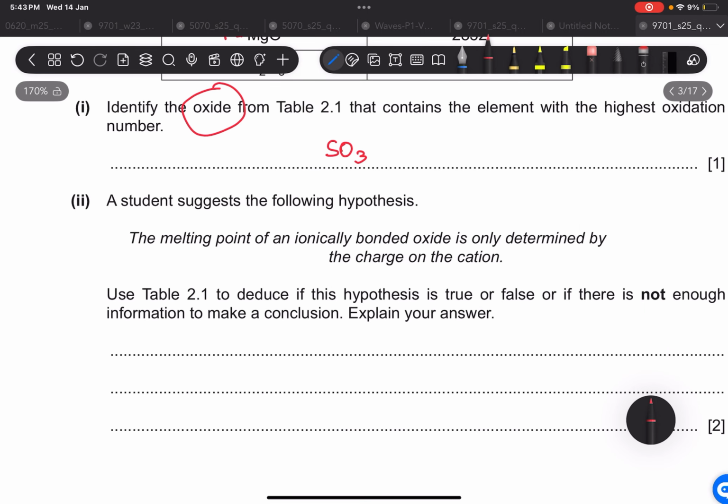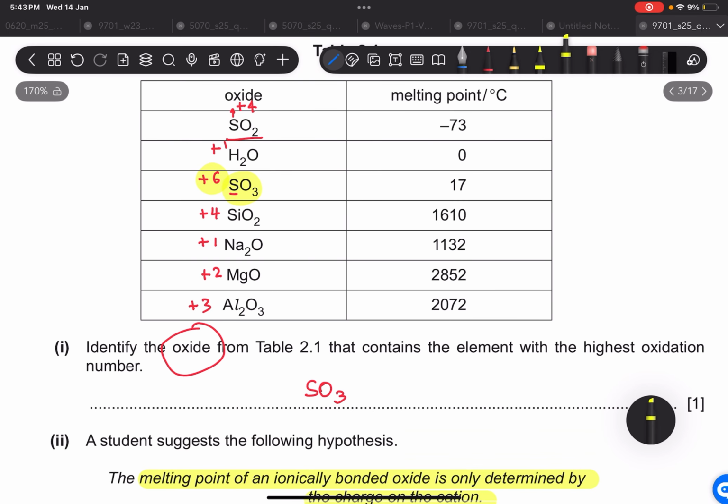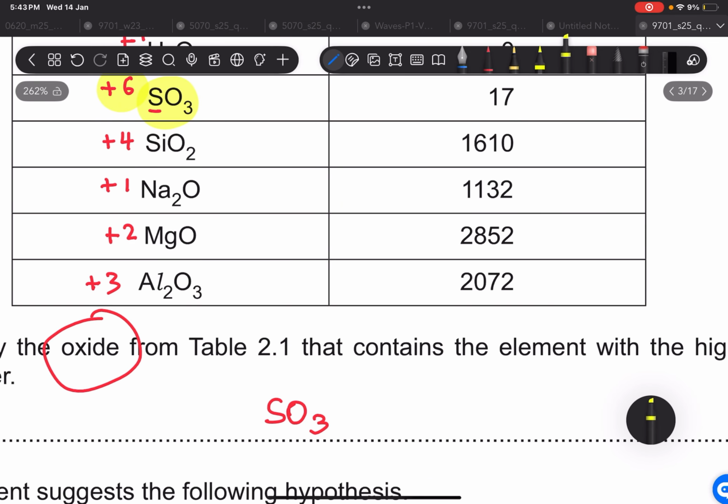A student suggests the following hypothesis. The melting point of an ionically bonded oxide is determined by the charge on the cation. Okay. Look, the charge over here is positive 1, over here it's positive 2, over here it's positive 3.